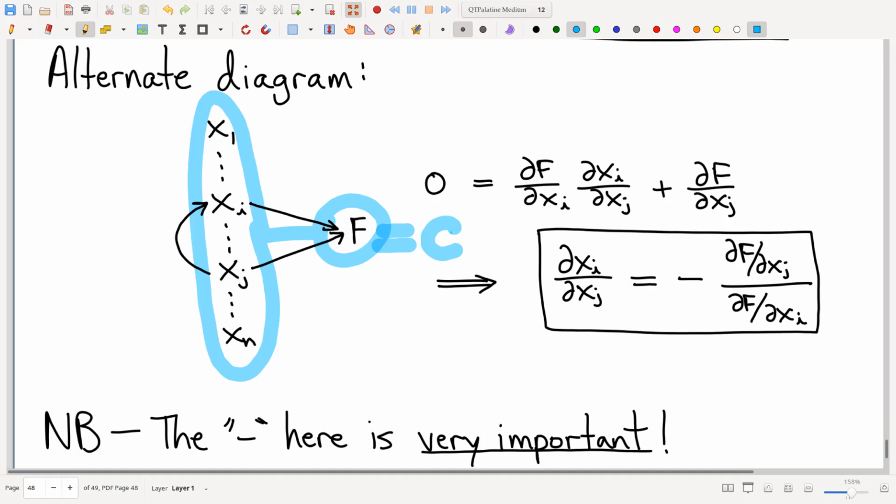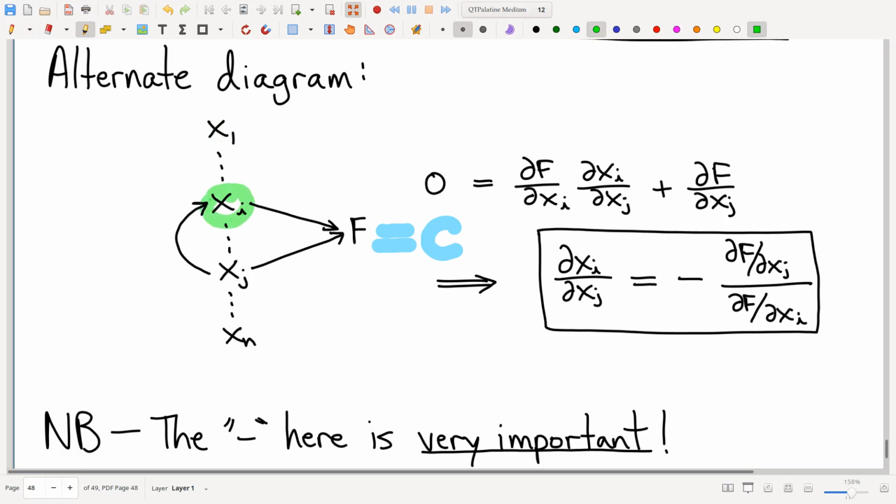And then within that constraint, we've also got that x_i is a function of the other variables. Now, I'm going to try to represent it being a function of the other variables. And again, this again just terribly violates my rules. But the big idea is that it's a function of all the others.